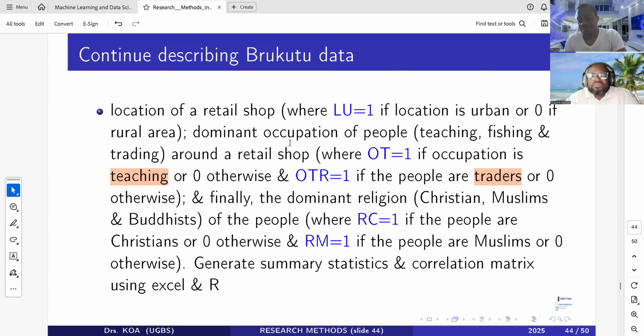Buddhist. You have to always participate as quickly as you can. It's Buddhist because you can see that Christians were given 1, which means they are present, and Muslims are given 1, which means they are present. The one that was not given any 1 is Buddhism.